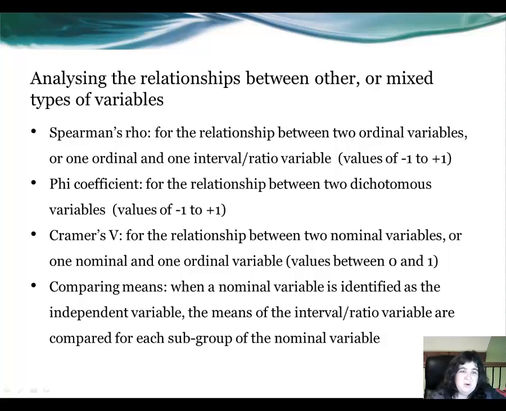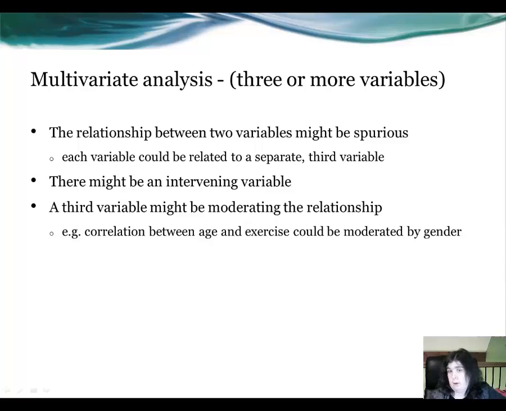When we're looking at 3 or more variables, the relationship between 2 variables might be spurious, and each variable could be related to a separate third variable. A third variable might be moderating the relationship. For example, the correlation between age and exercise could be moderated by gender.